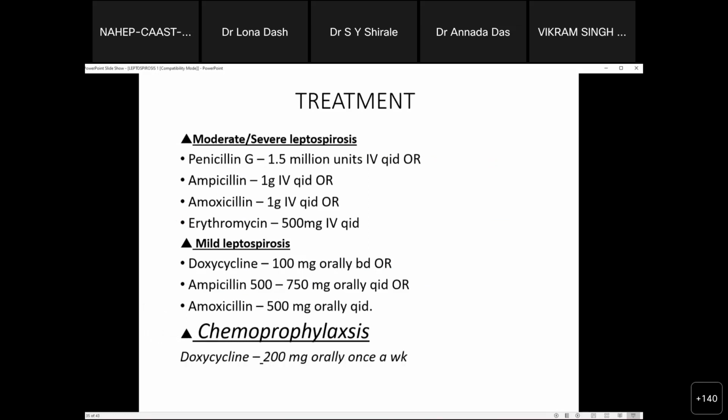patient. Among the people who have either traveled or walked through flooded waters, or are visiting an endemic area, they need to take doxycycline. They can take doxycycline 200 milligram orally once a week with the guidance of doctors.